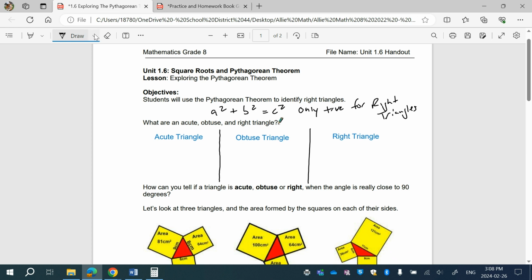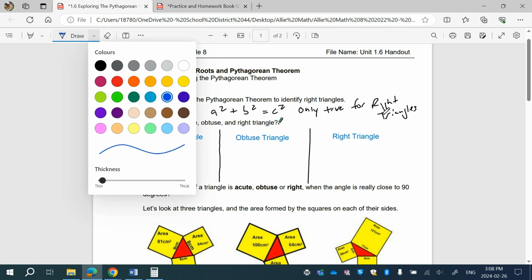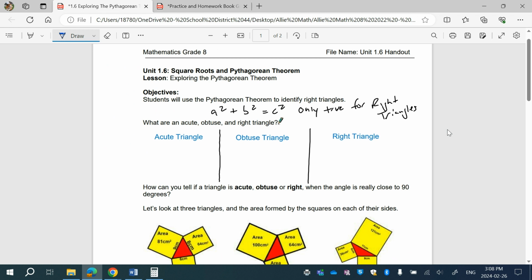So let's start with a couple of definitions. An acute triangle, not just an adorable triangle, is a triangle that has all three angles less than 90 degrees.